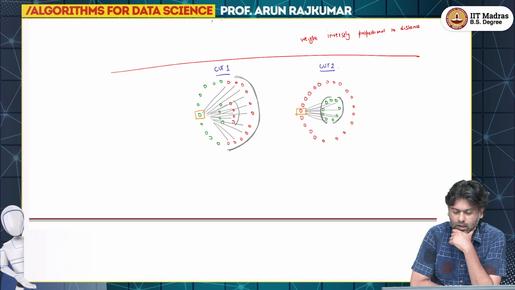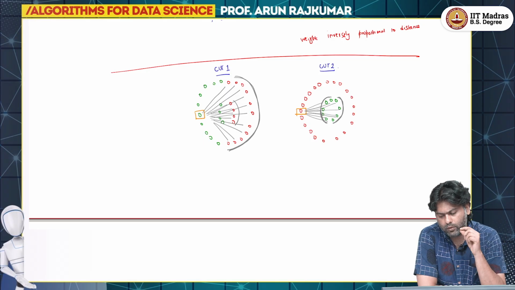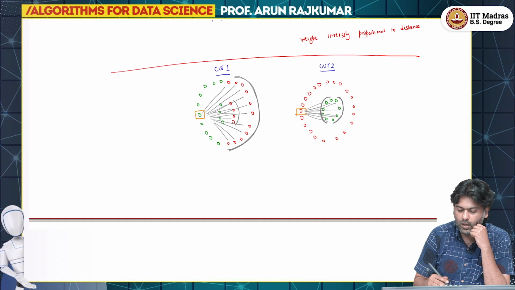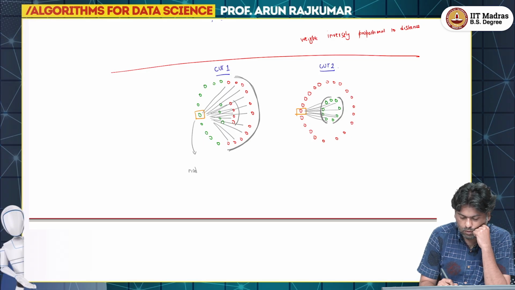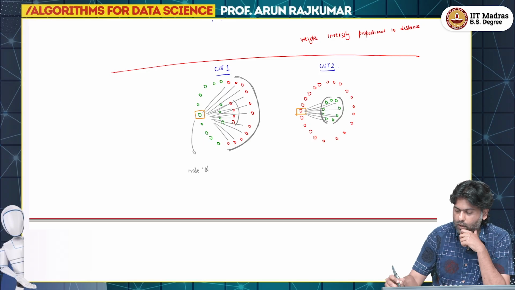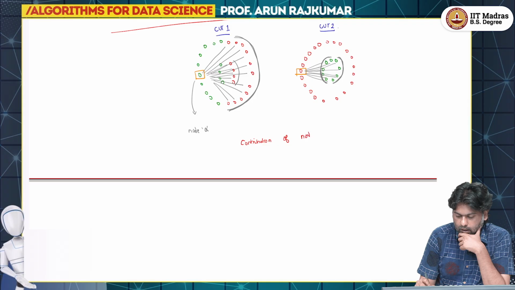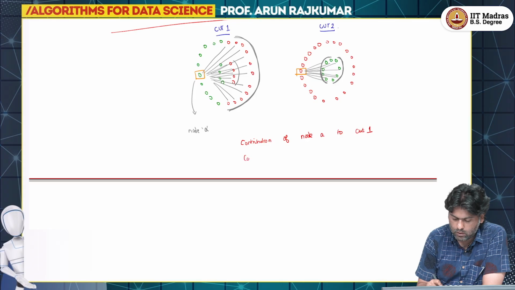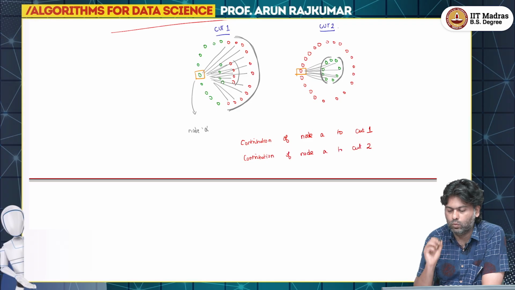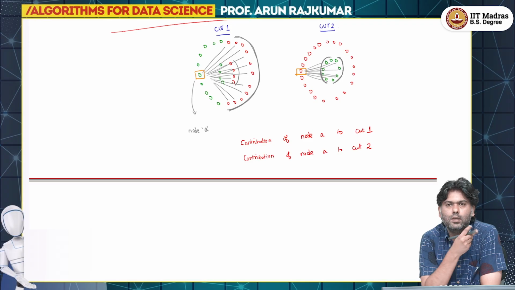So let's say this is node A. The contribution of node A to cut 1 versus the contribution of node A to cut 2, which do you think is larger?